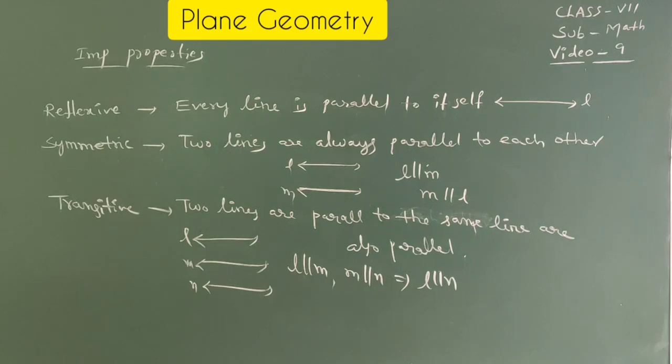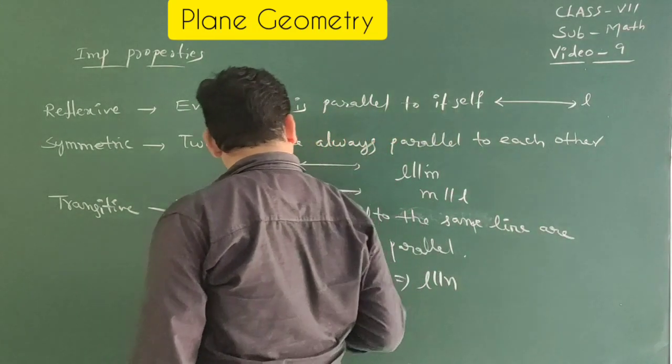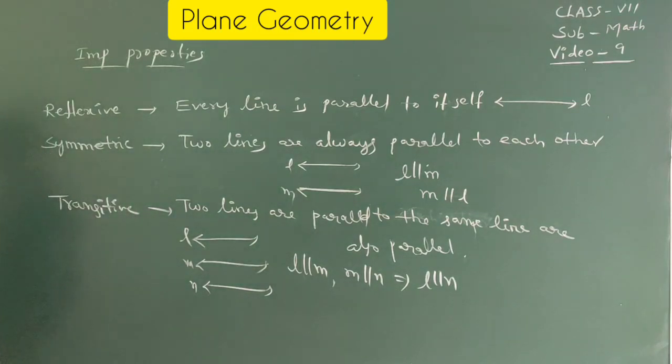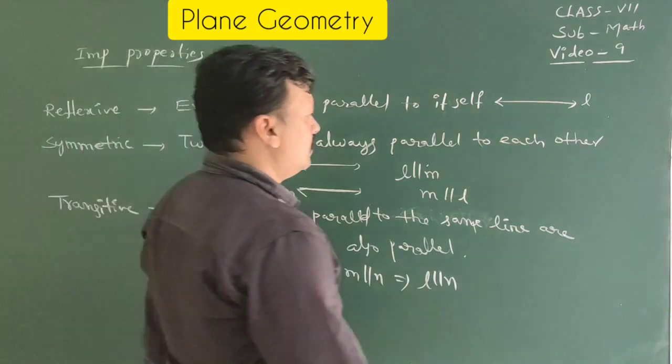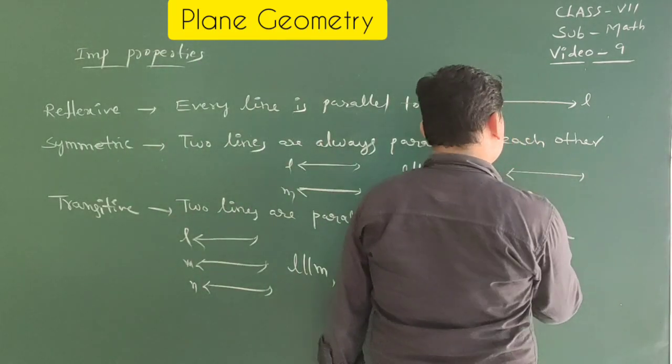Next, transitive property. Two lines parallel to the same line are also parallel. Already we proved this in the first result. L is parallel to M, M is parallel to N, then automatically L is parallel to N. This is not true for perpendicular lines, because two lines perpendicular to the same line are parallel lines.